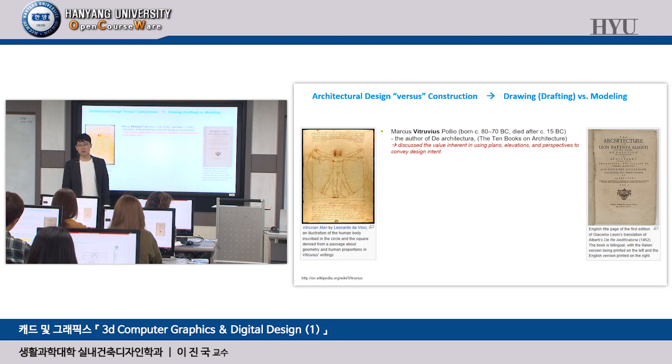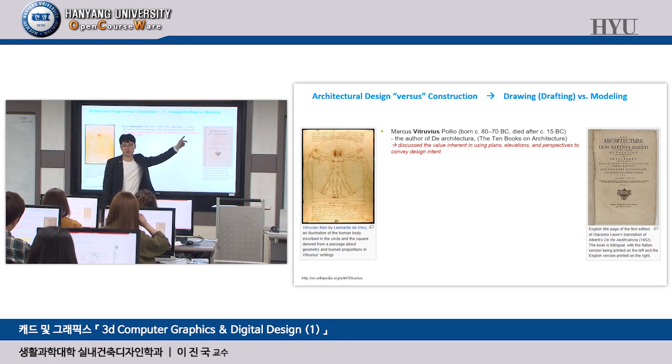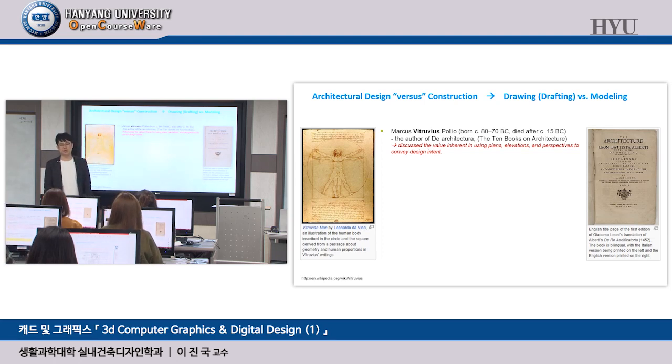So-called architectural standard, okay, industry standard, conventional standard, okay, in his 10 books on architecture. That is why he is believed as the first architect in human history, around 2,000 years ago.